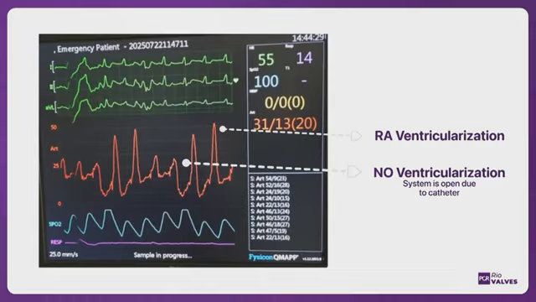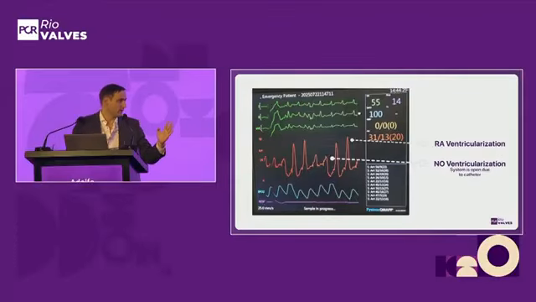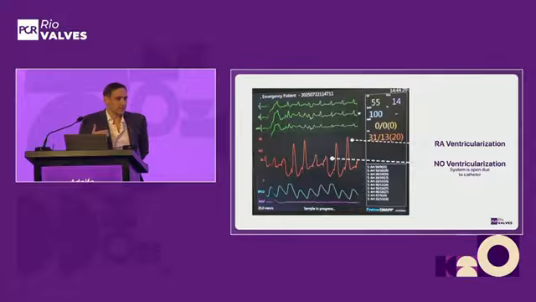So with the ventilation, probably the wire is interfering with the proper closing of the valve. So you see the valve functioning, non-functioning, functioning, non-functioning. It's perfect. You see the difference, the ventricularization, and you can easily understand what's going on when the valve is closing. So the ventricle is forced to increase the cardiac output.